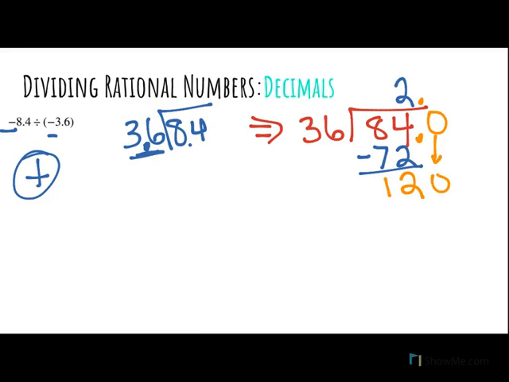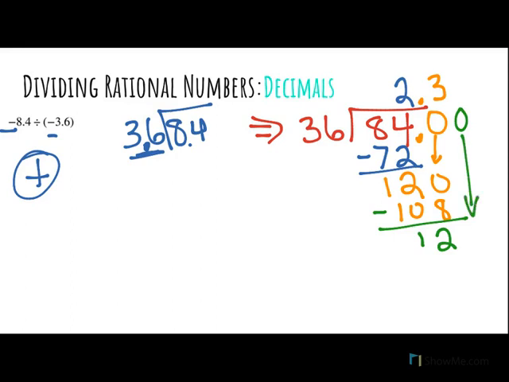So now I need to do 120, or how many times does 36 go into 120? And that goes in there 3 times. So 3 times 36 gives me 108. And now I could subtract these. Let's see, 120 minus 108 would give me 12.